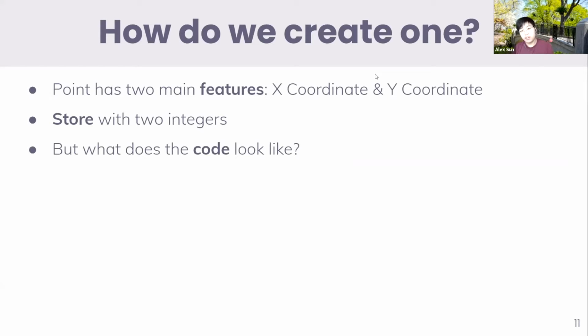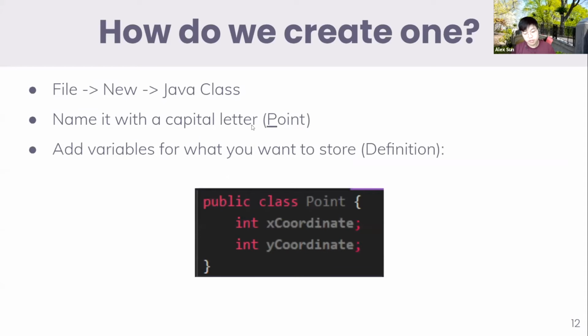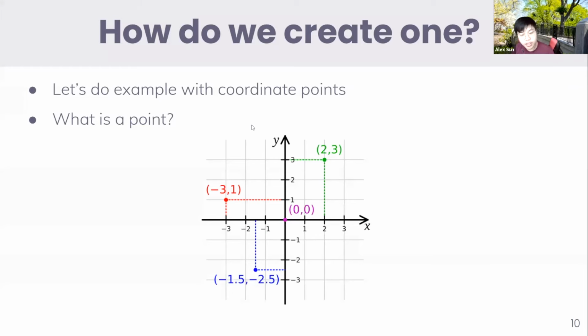Going back, we talked about blueprints. Can I go back a slide? So I'm looking at our image. We said a class is like a blueprint. You see how we have multiple points: one at 2, 3, one at -3, 1, and one at -1.5, -2.5. What if we wanted to store a bunch of different points? It would be really annoying.